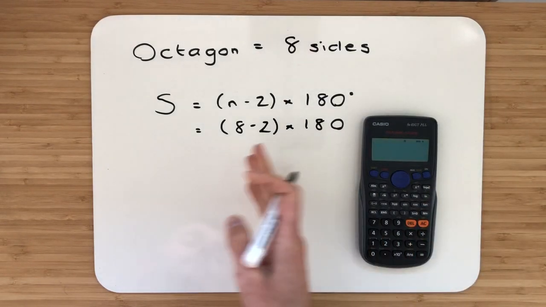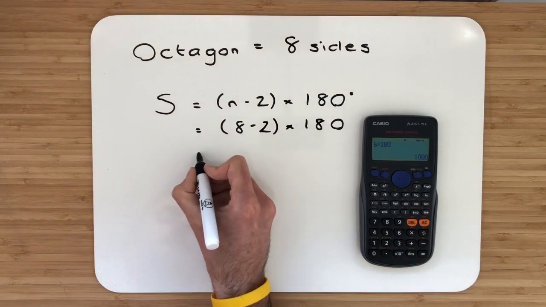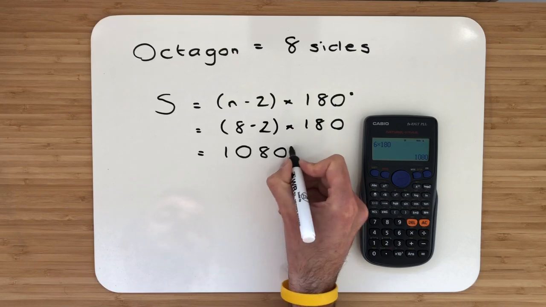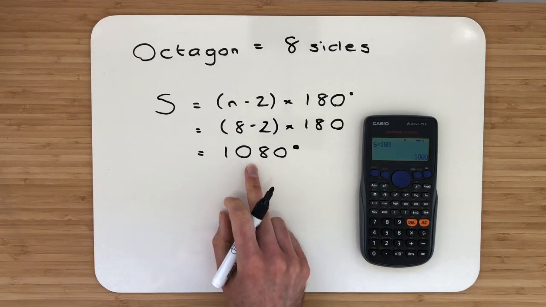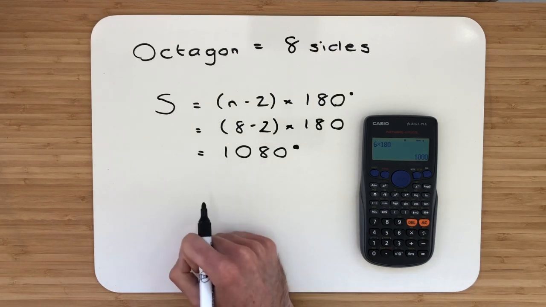So take your calculator, 8 subtract 2 is 6, so 6 multiplied by 180. That gives me an answer of 1080 degrees. So this means that the sum of all of the angles inside of an octagon add up to 1080 degrees.